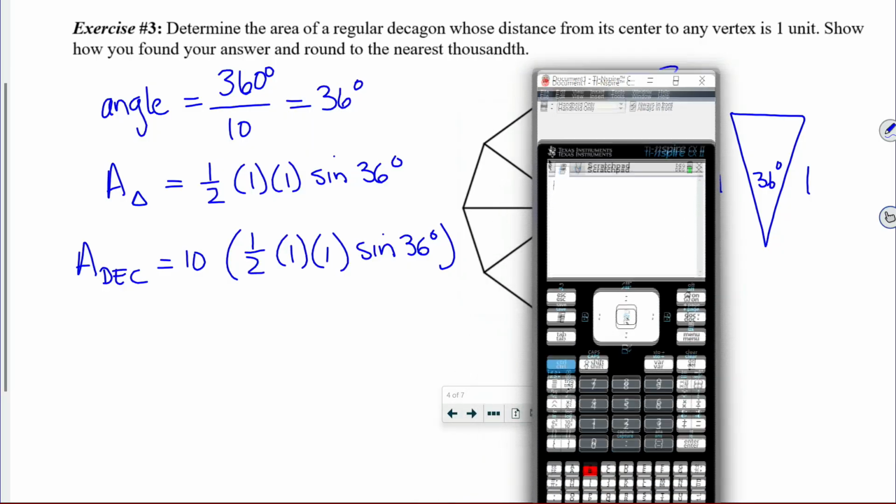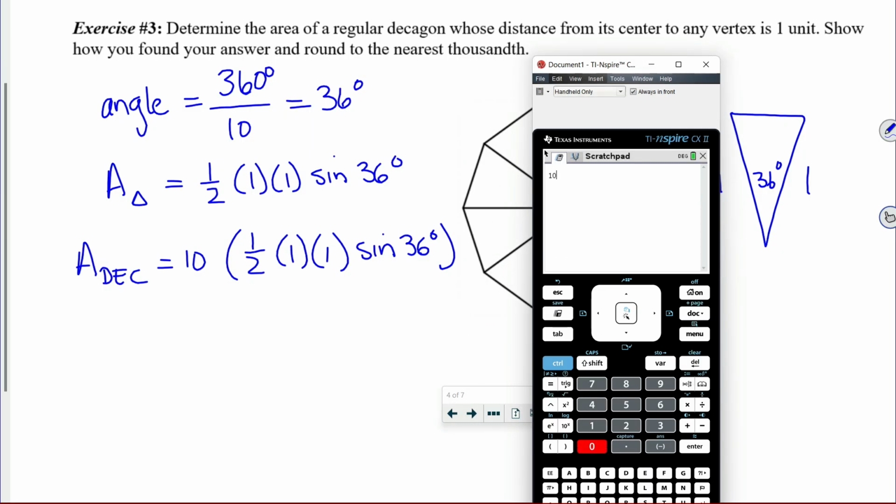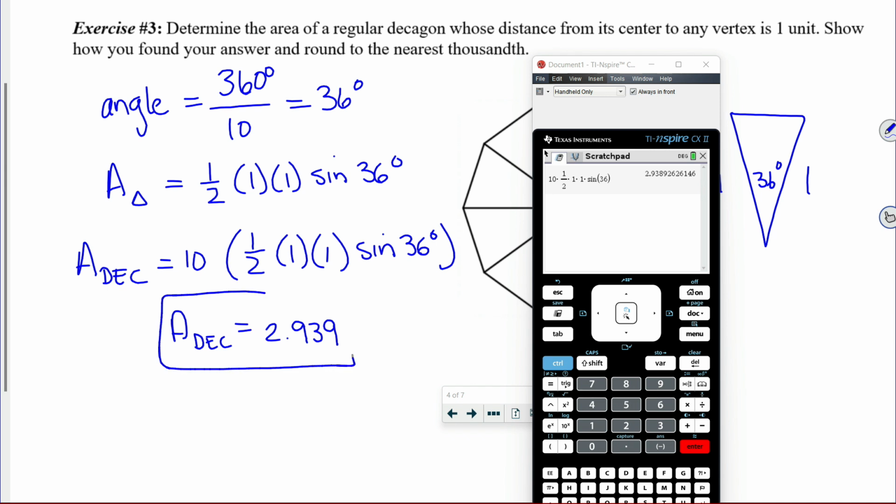So I'm going to have 10 times 1/2 times 1 times 1 times the sine of 36 degrees, and the area of that decagon is equal to 2.939, accurate to the nearest thousandth, 2.939.